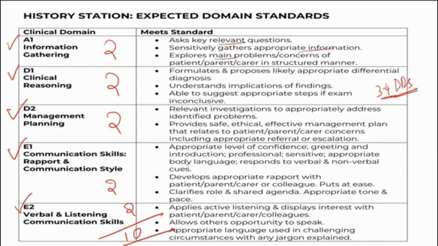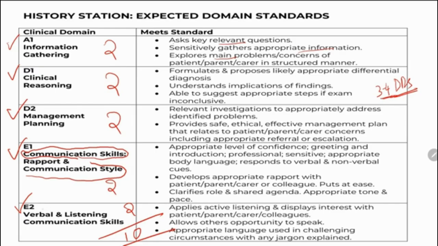Even though it is a history station, there is a domain mark for communication skills, E1, which covers rapport and communication style. For this there are 2 marks. The candidate's appropriate level of confidence, greeting, introduction, concern and rapport will all be taken into consideration for allotting marks in this domain.